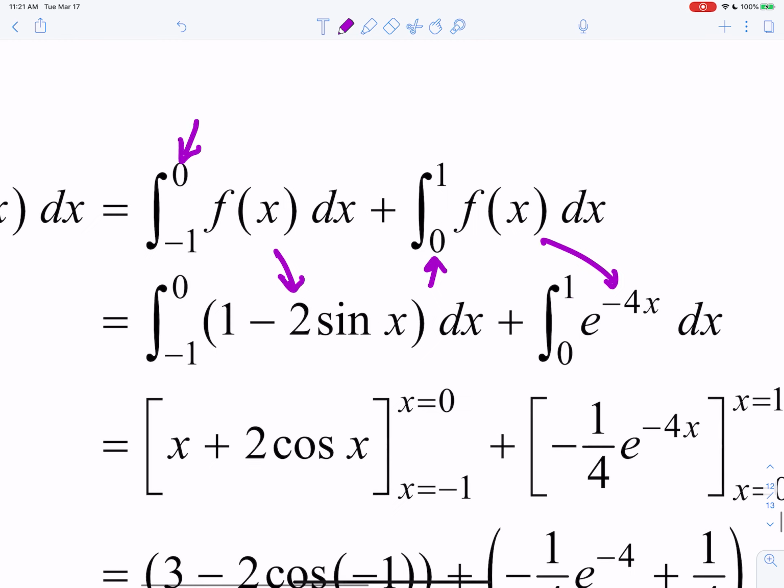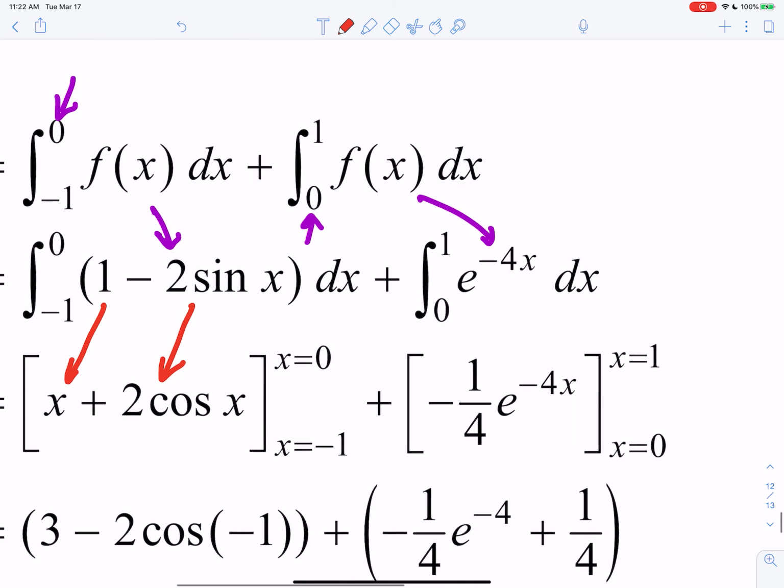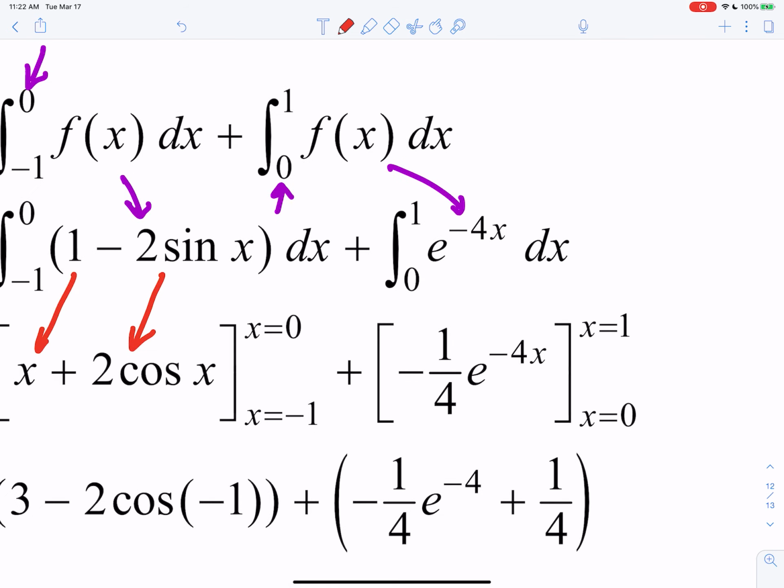Okay? The rest here is just integration. A lot of busy work again, okay? The integral of 1 is just x. The integral of sine is negative cosine. So that comes out to plus 2 cosine x. And we're going to evaluate that from negative 1 to 0. The integral here, again, there is a function inside of another function.